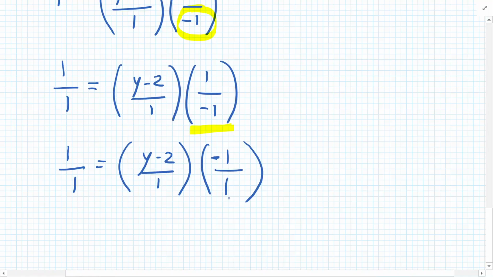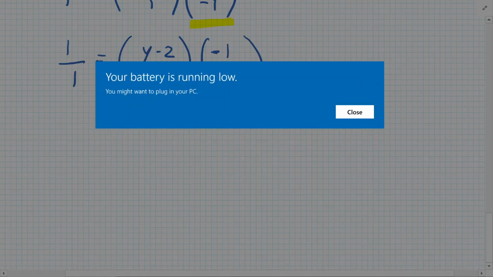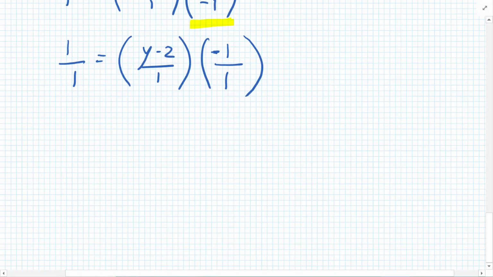Okay? These are equivalent equations. They are the same. Now that it's been moved up, we're going to be able to solve this problem a little bit differently.